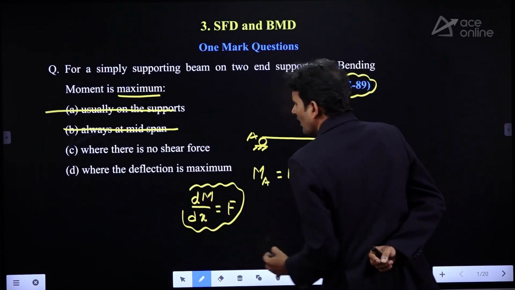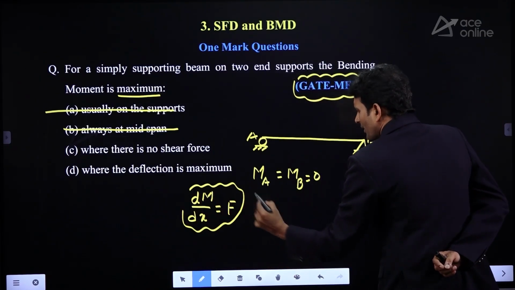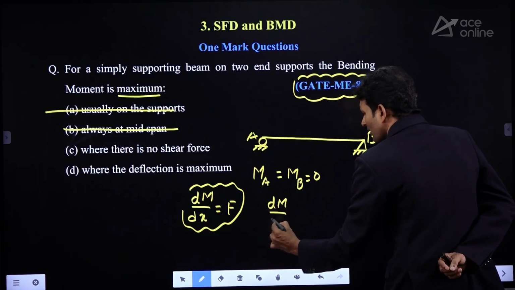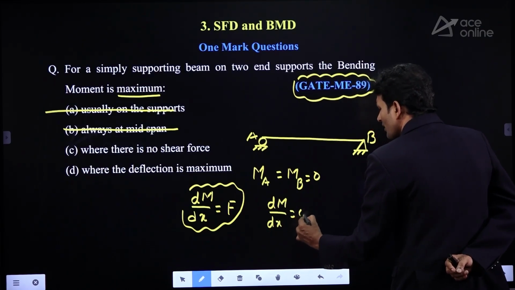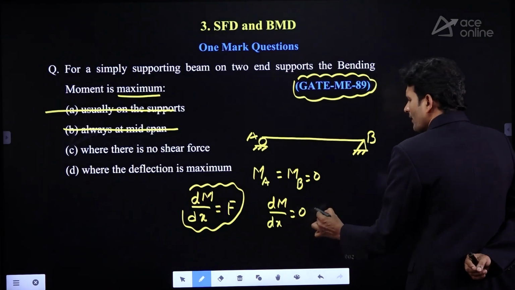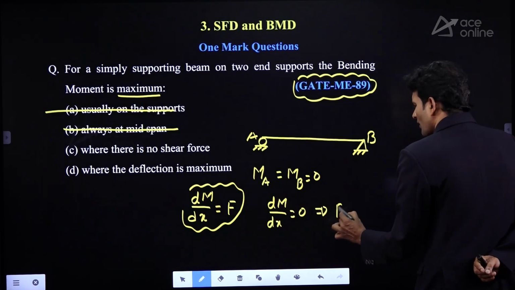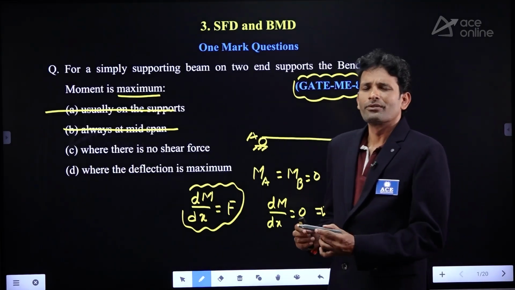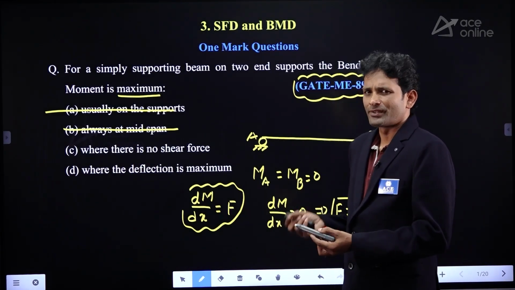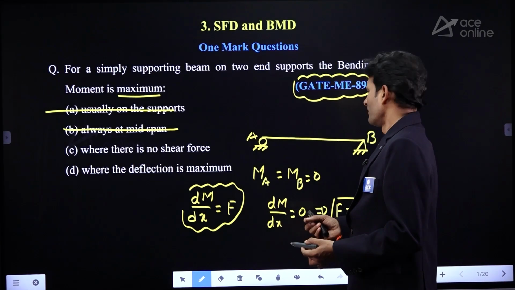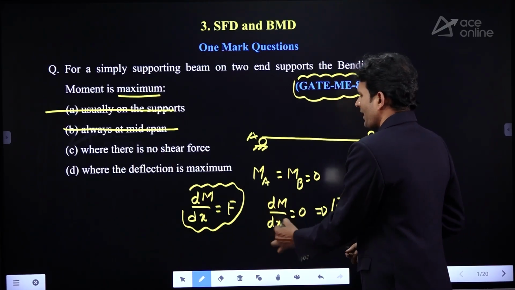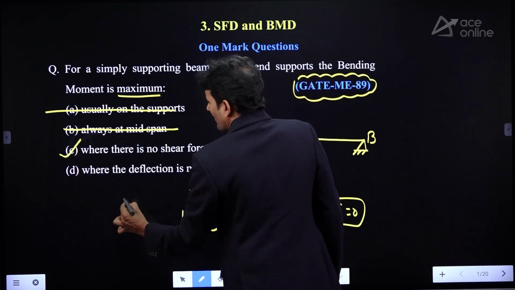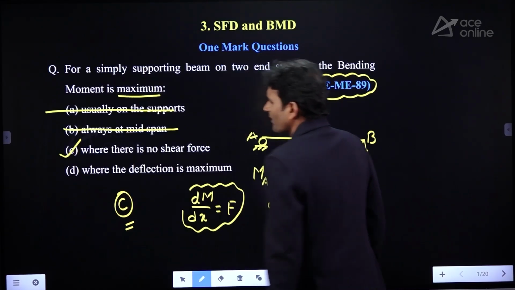When I take the first derivative of the bending moment equation and equate it to 0, from these two relations, what is our observation? F equal to 0, where shear force is going to change its sign. There we are expecting the bending moment to be maximum by its magnitude. So, option C is correct for this statement, right?